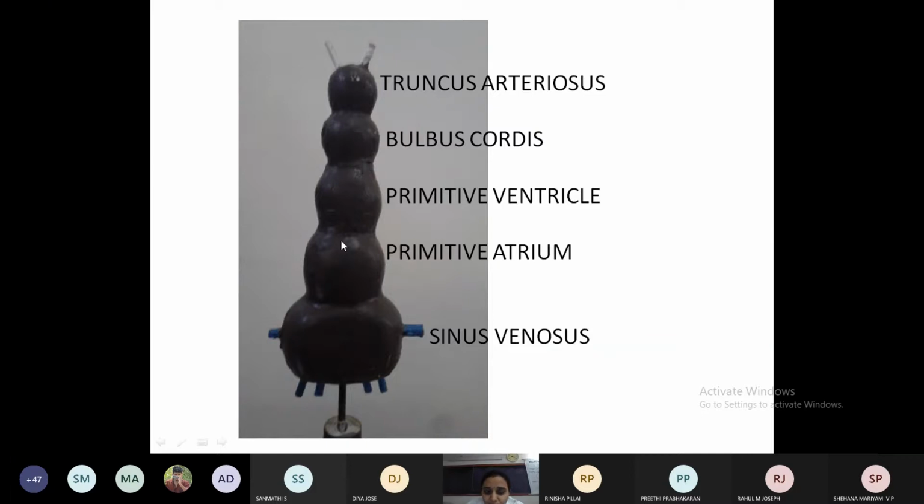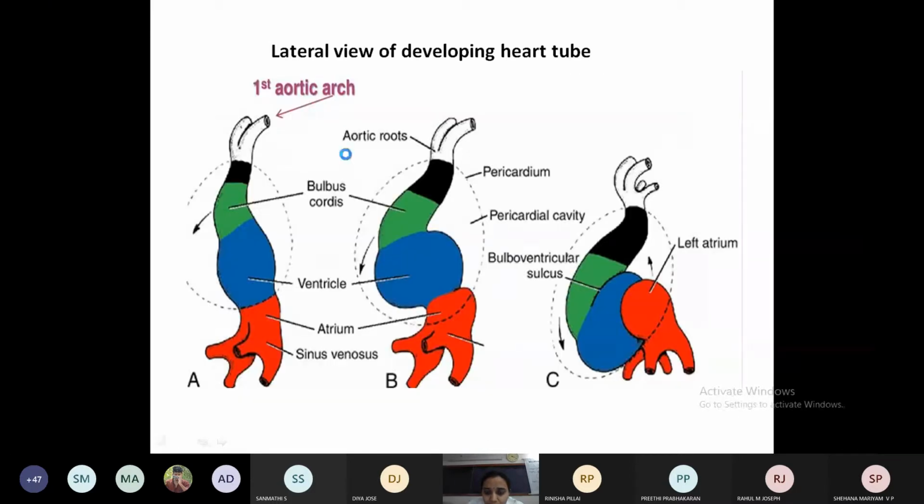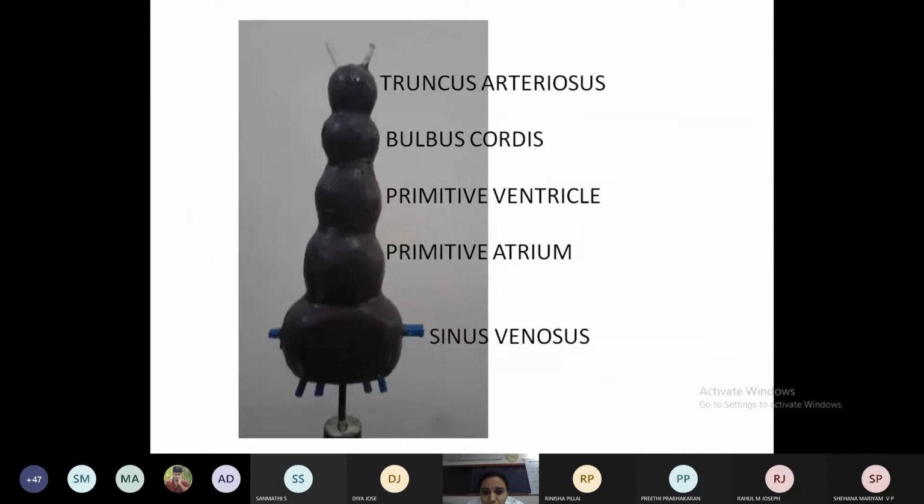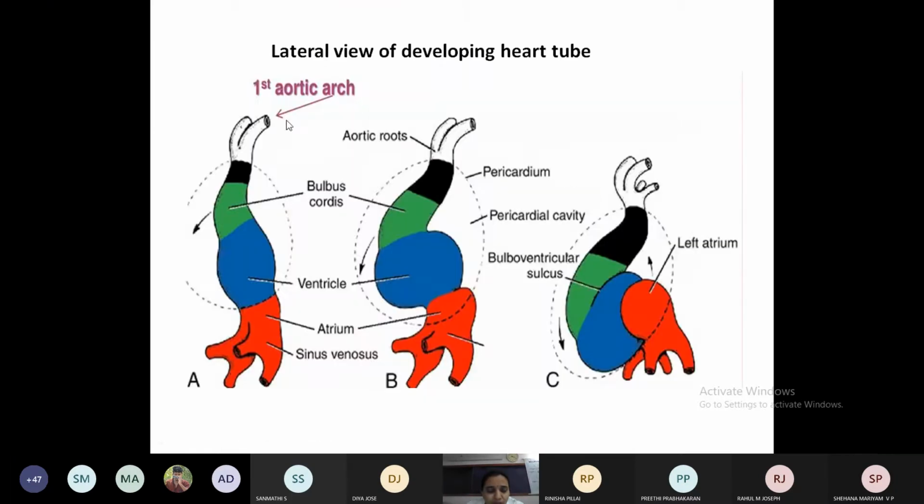This heart tube will fold in such a way that the 4-chambered heart is formed. In front of the developing heart tube, we have the pericardial cavity.